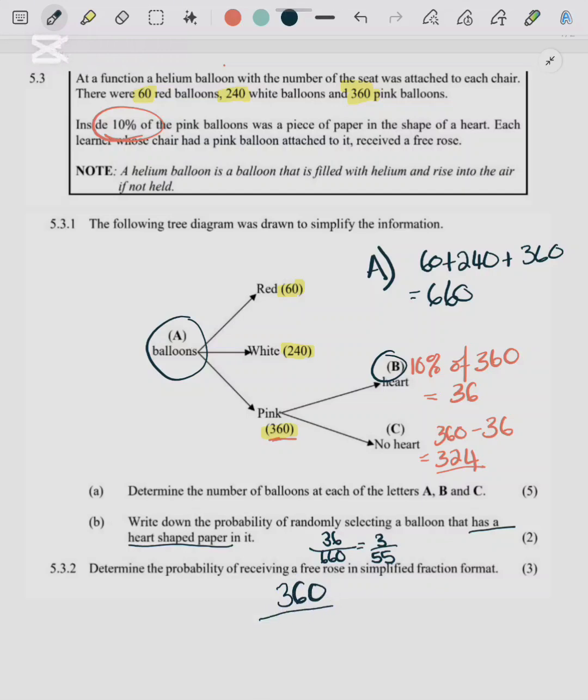How many chairs were there altogether? 660 of them. So 360 out of 660 got the roses, and then we just simplify that, 6 over 11. And again, they don't specify what format they want, they just say simplified fraction, and that is the simplest fraction form.